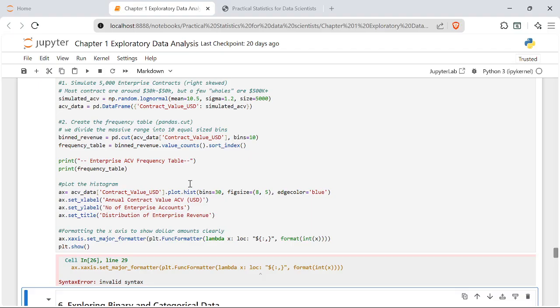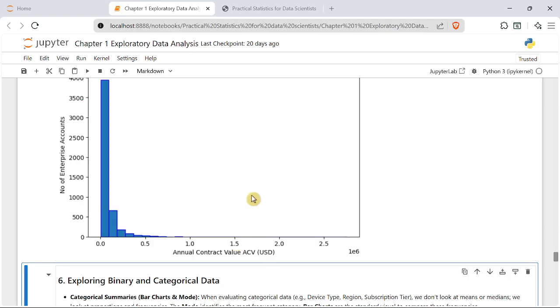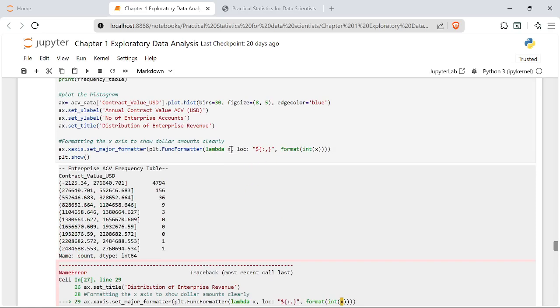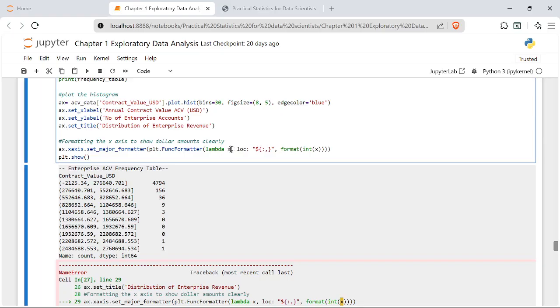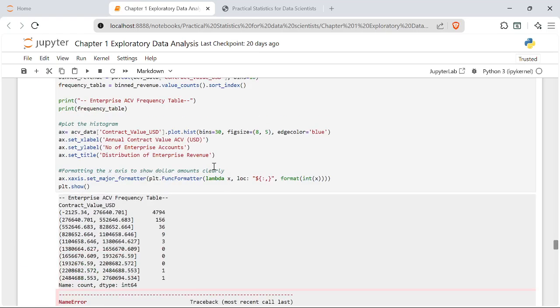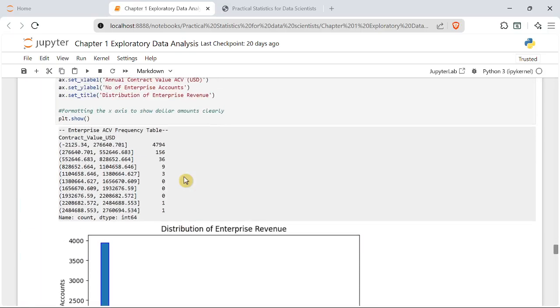Invalid syntax. Name x is not defined. Anyways, if it is not working, let me remove it. Okay, plt.show.